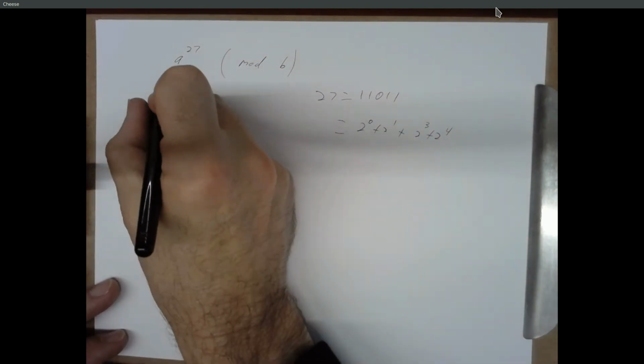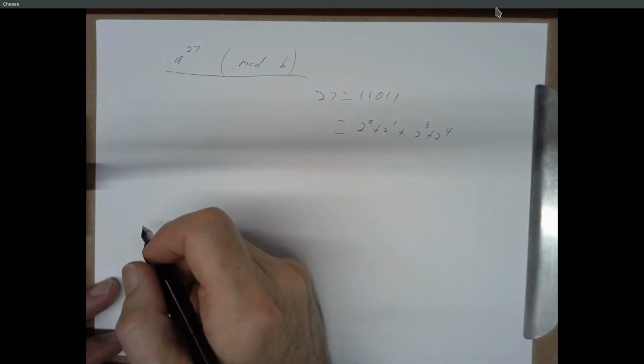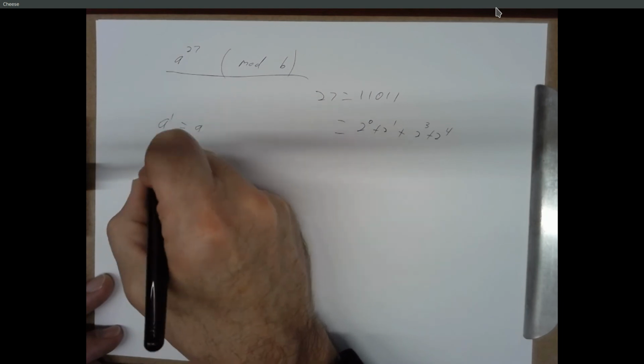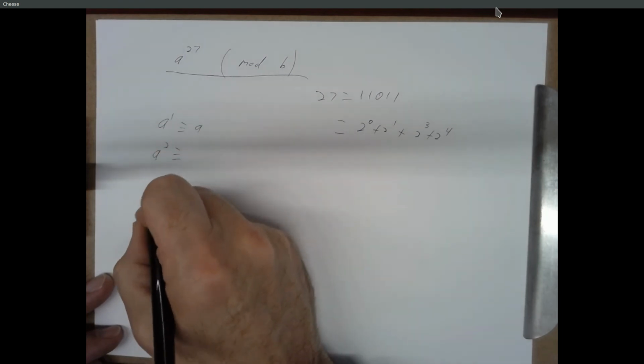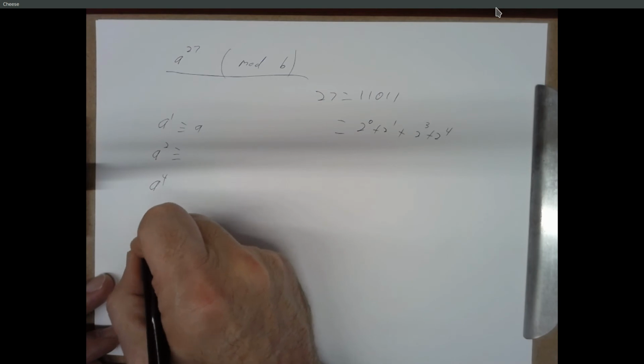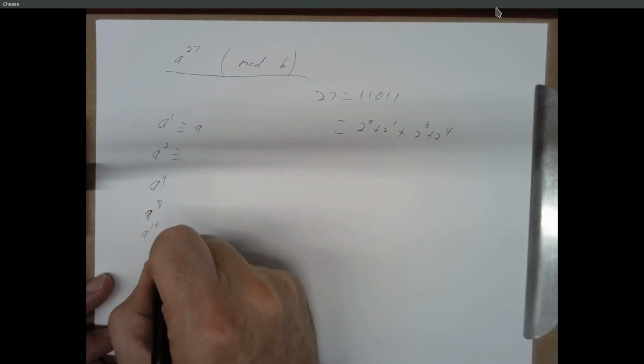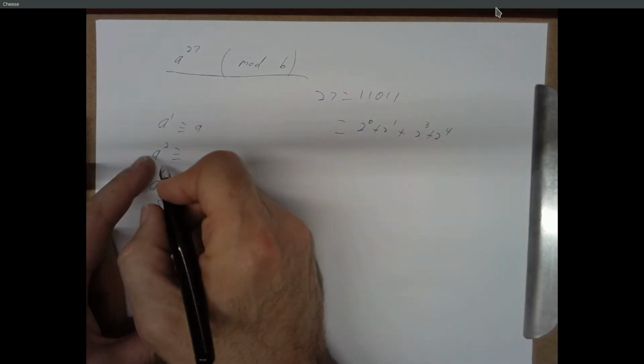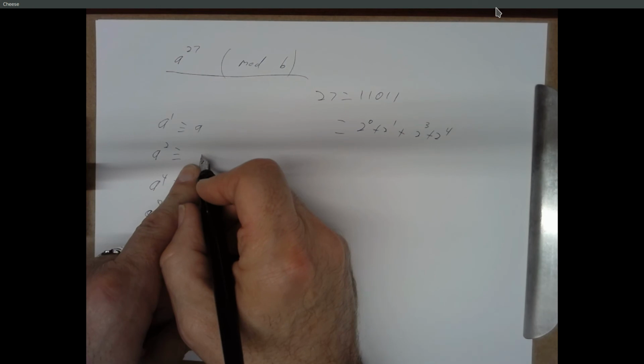And so calculate the powers of a that are themselves powers of 2. So a to the first is congruent to a. Calculate a squared, a to the fourth, a to the 8th, and a to the 16th. To do each of these, you just have to square the previous one, right?